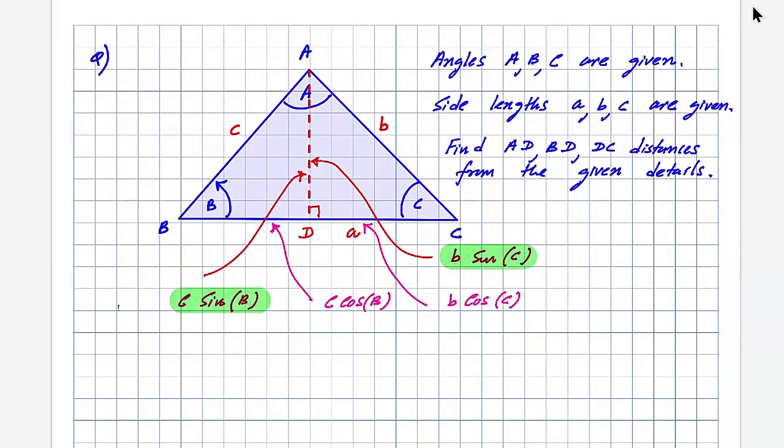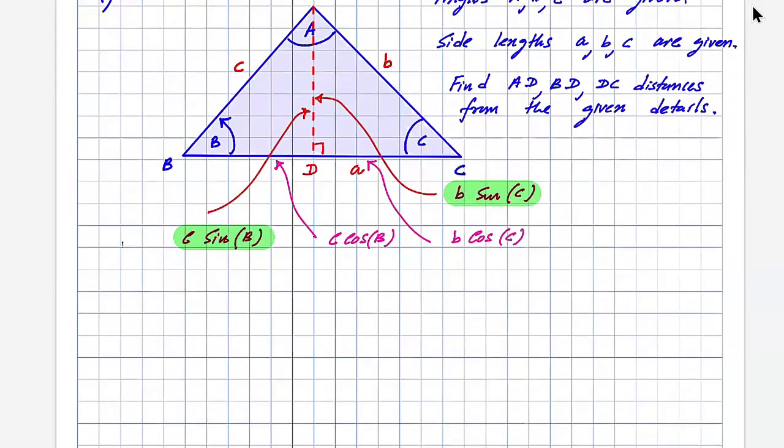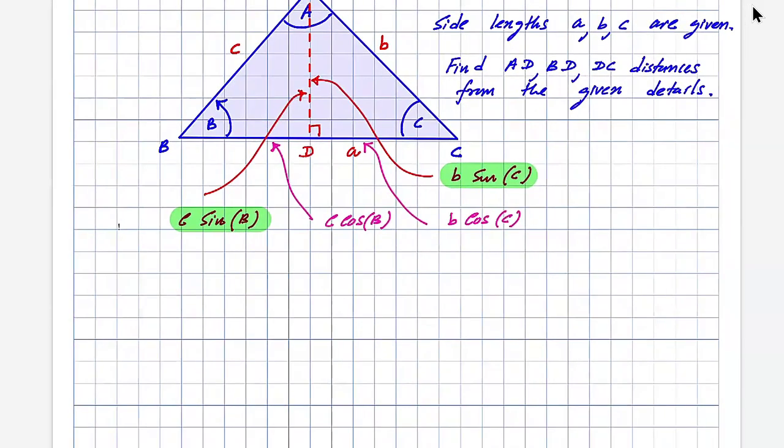Because we are talking about the same height, right? So we can say C sine B is equal to B sine C.